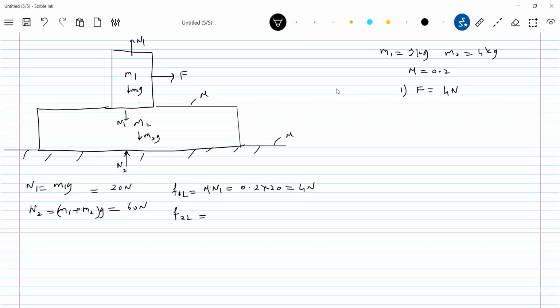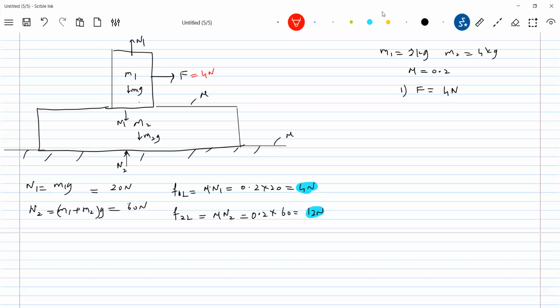Limiting friction between the block M2 and the ground is mu into N2, 0.2 into 60, which will be 12 Newton. Okay, now these are the limiting frictions. I think I already told you we must have the idea of limiting friction. Now I applied a force equal to 4 Newton.